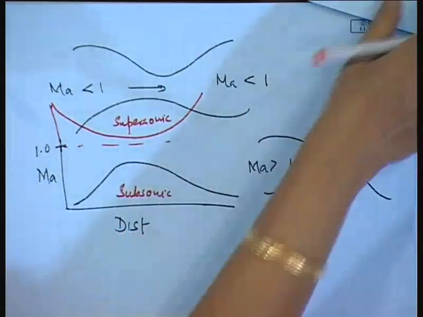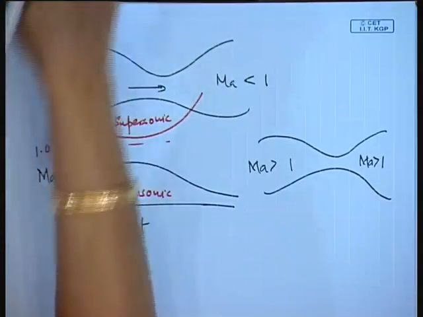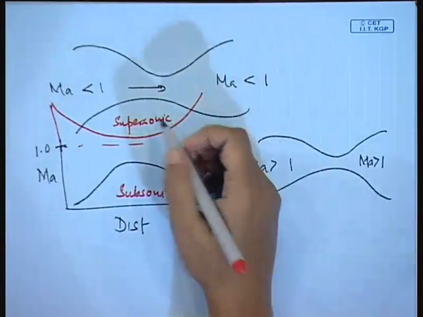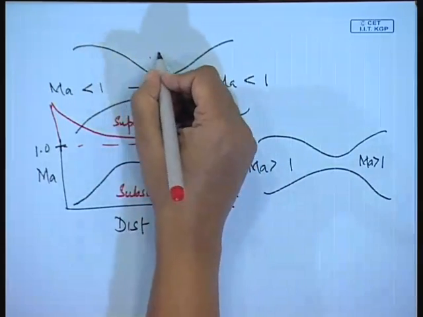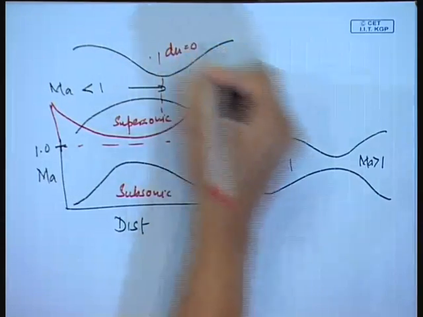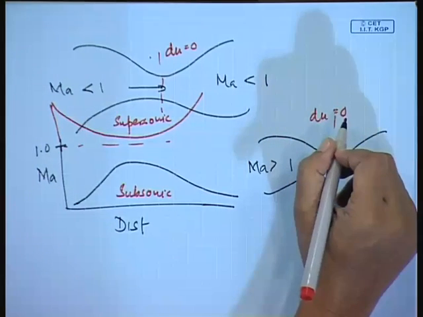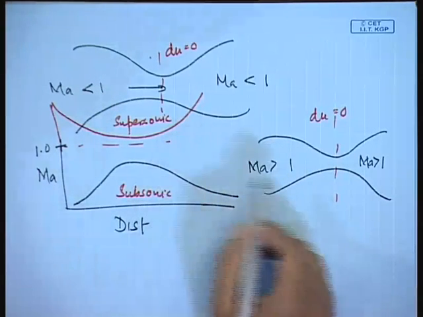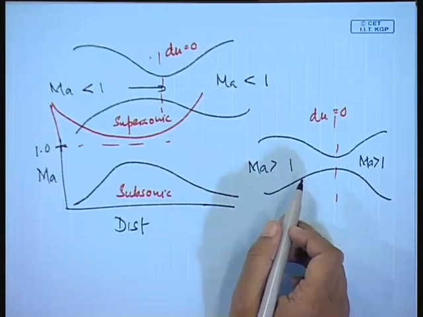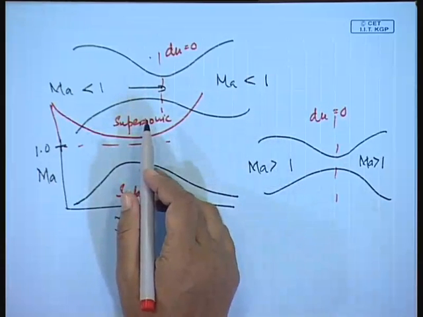We can also have these two conditions, but we need to remember that for this to occur, du has to be equal to 0 under this particular condition. In this particular case, du has to be equal to 0. This is the thing that you have to remember. So, these are the two cases where Mach number is not equal to 1 at the throat, but yet the flow can occur, because the fluid at the throat is either at rest or in uniform motion.